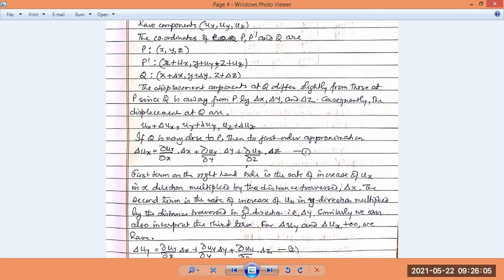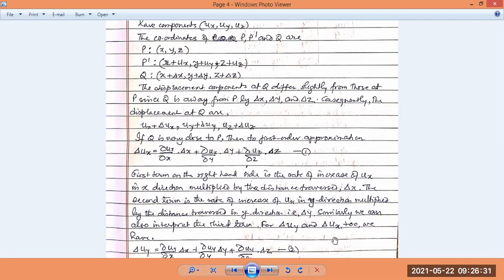The second term is the rate of increase of ux in the y direction, multiplied by the actual distance traversed in the y direction, that is delta y. Similarly, the third term is the rate of increase of ux along the z direction multiplied by the distance traversed in the z direction, that is delta z. So this is the way we find the change in the displacement component delta ux.